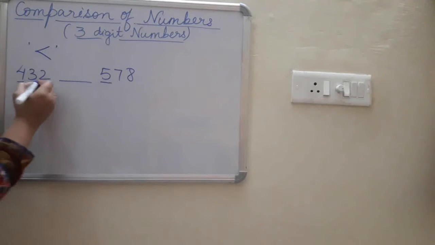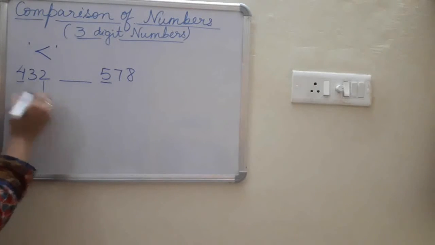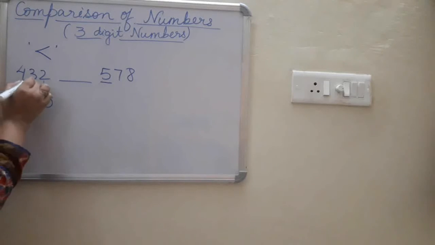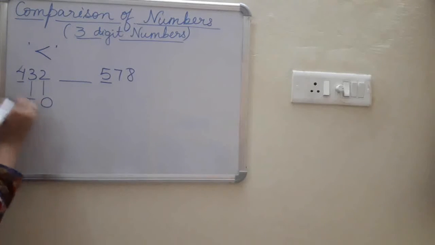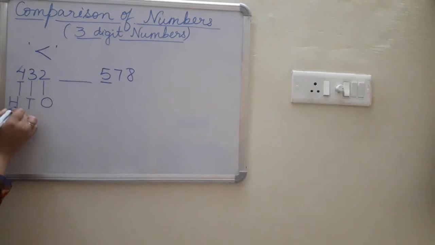You all know children, this digit has place value of ones. This digit has place value of tens and this digit has place value of 100. So what is the place value of this number? Hundreds, this number tens and this number is ones.